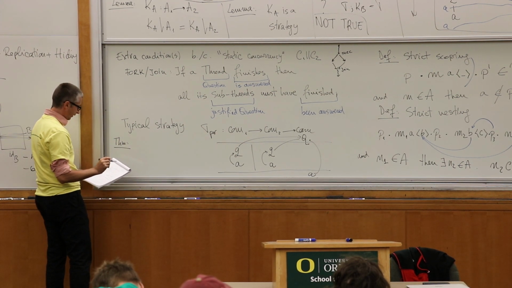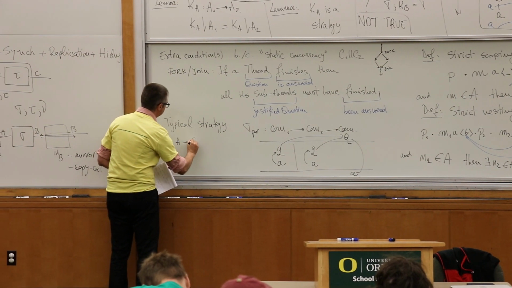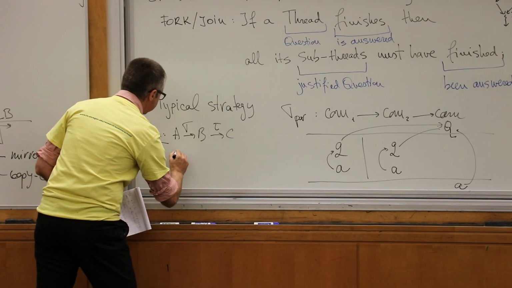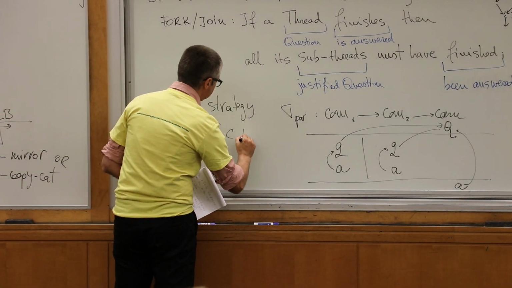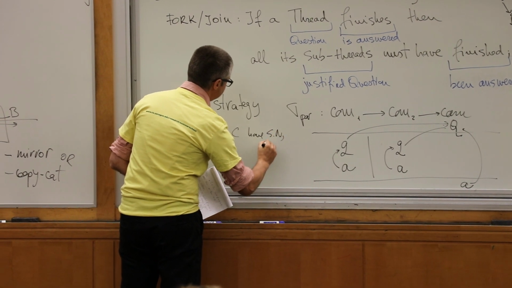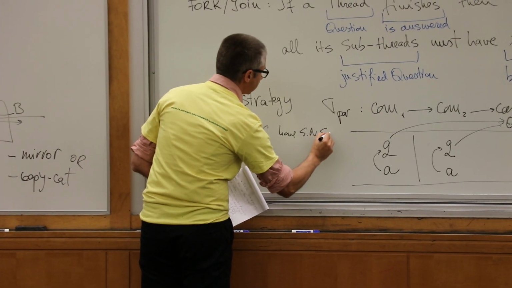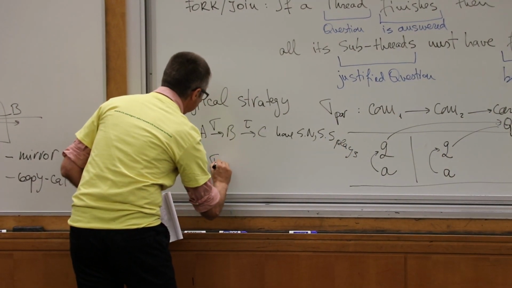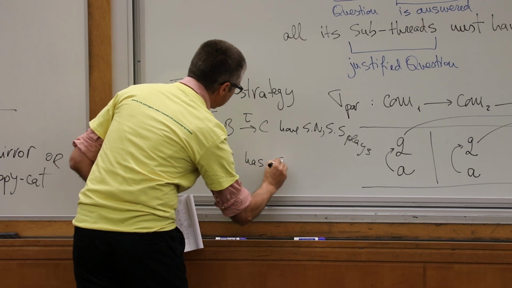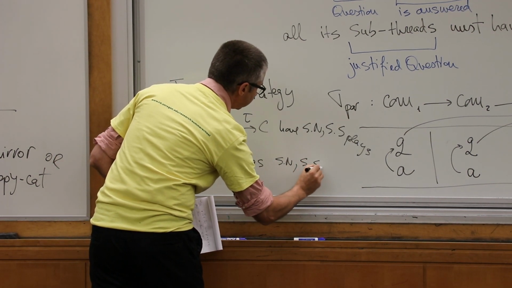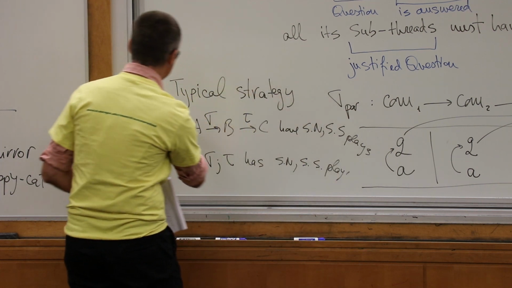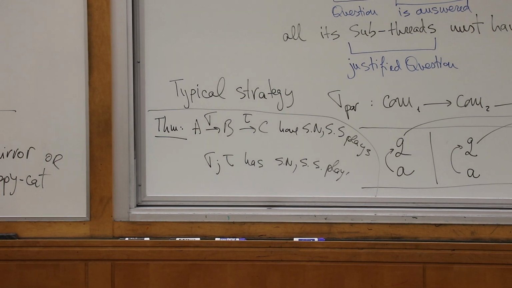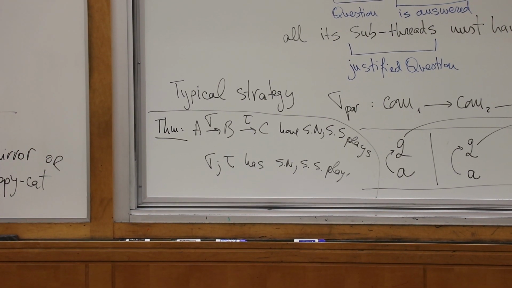A small theorem here. If we have this composition where sigma and tau have strongly nested, strongly scoped plays, then sigma tau has also strongly nested, strongly scoped plays. Okay, so it's just kind of a well-formedness condition showing that we're not doing anything dubious.